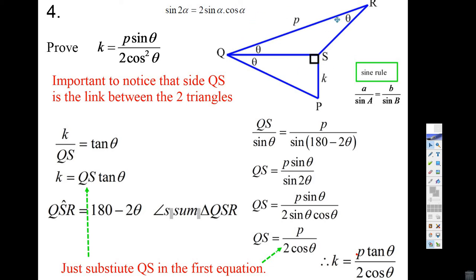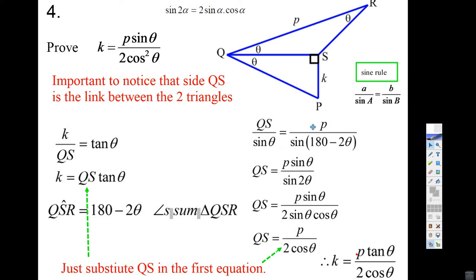The whole triangle has to add up to 180. That means this angle QSR must be 180 minus 2 theta. So all you do is go 180 minus these two other angles added together, and you'll always get the third angle. So P goes with the sine of 180 minus 2 times theta.